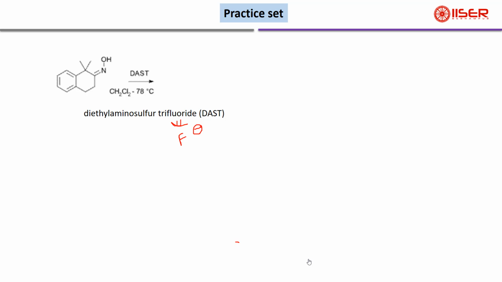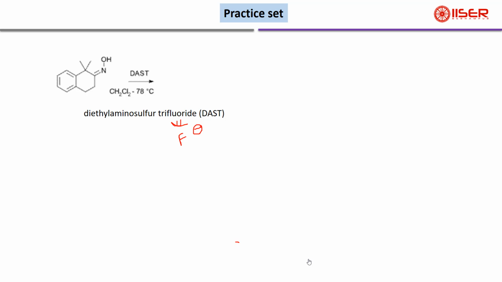So this was the question I was discussing. Suppose this substrate is given and we have added DAST, that is diethylaminosulfur trifluoride. You can consider this as a nucleophilic source of F minus.